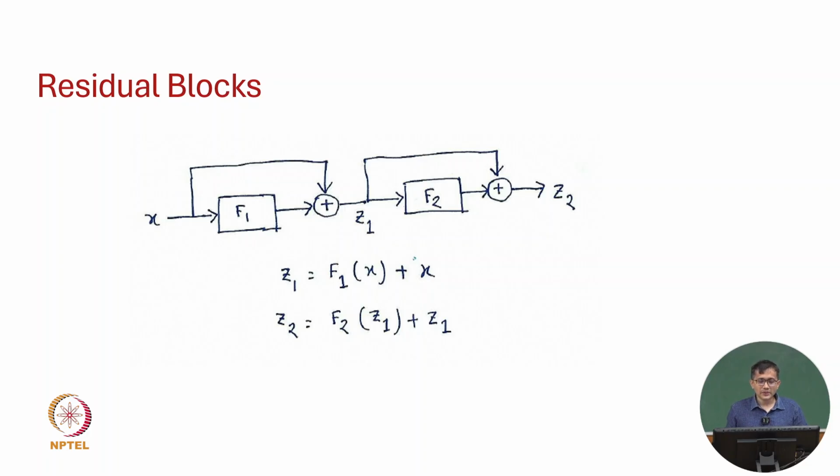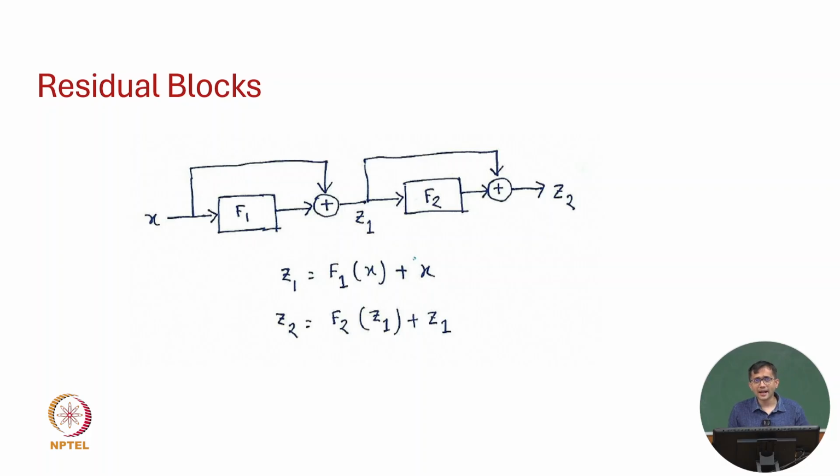This output Z2 is F2 acting on Z1, plus Z1 itself. Similarly, on top of this, we can add even more residual blocks.